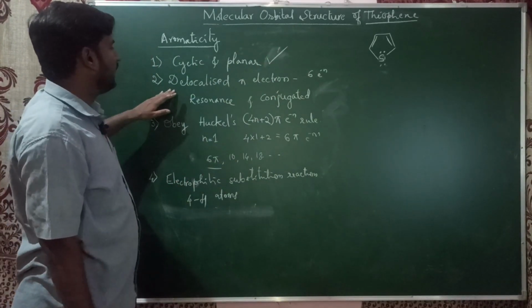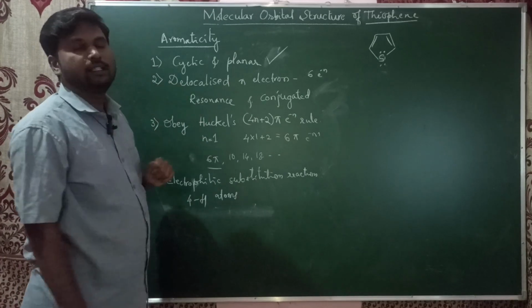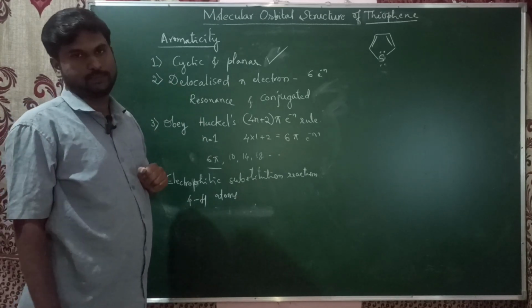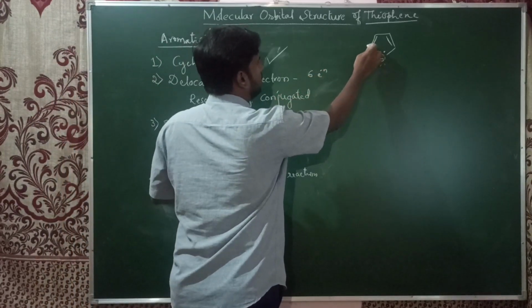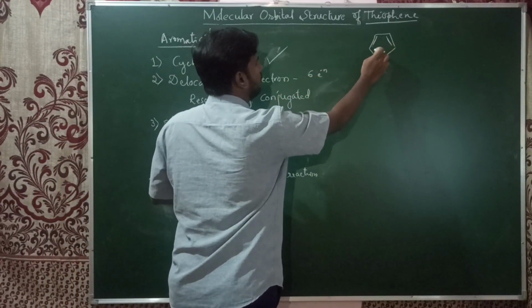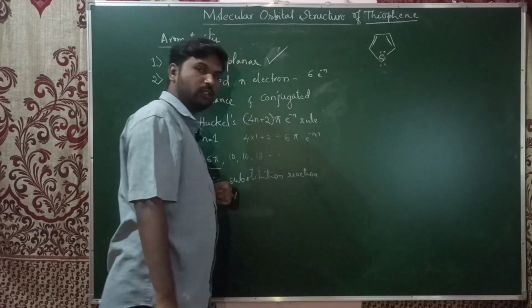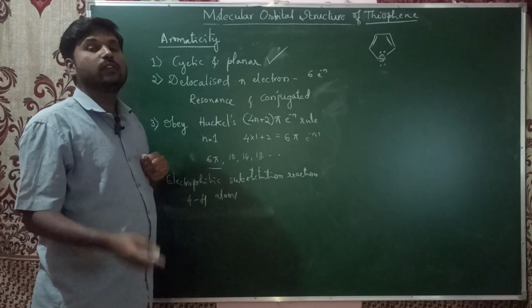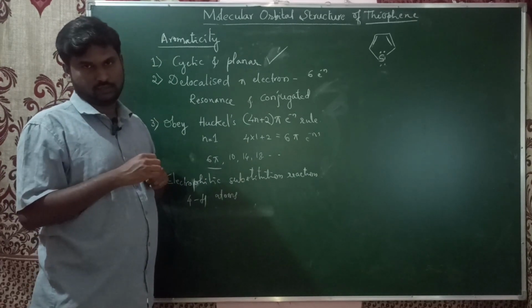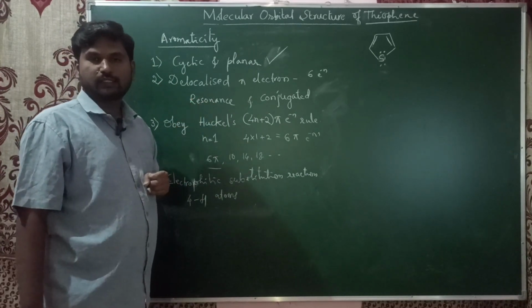When it comes to the second criterion, it should have delocalized electrons. There are totally 4 pi electrons from the two double bonds, and this pair of electrons, involved in the pi bonds, and all these 6 pi electrons will show delocalization, forming resonance structures.